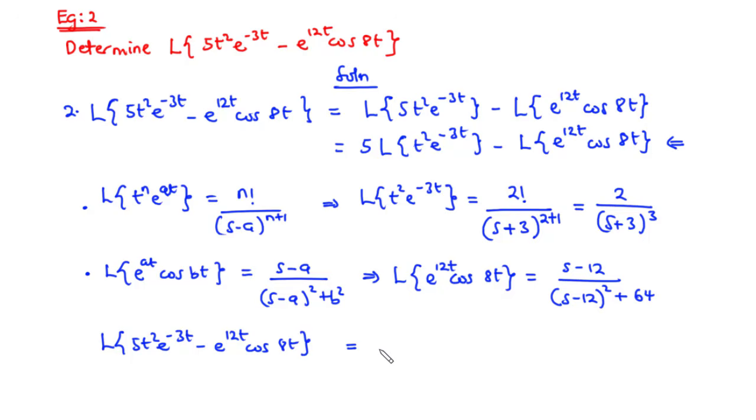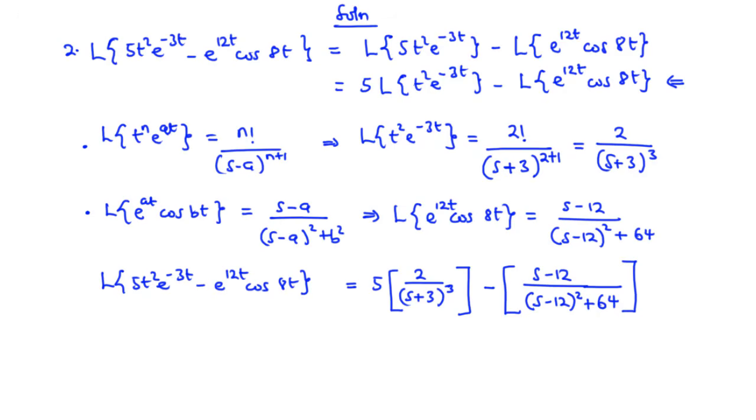That will be equal to, we have 5 times 2 over s plus 3 all exponents 3, and then minus s minus 12 all divided by s minus 12 all square plus 64.